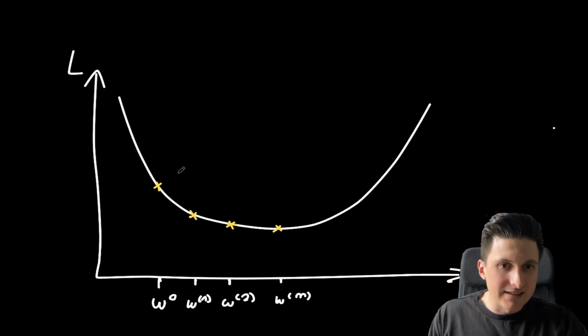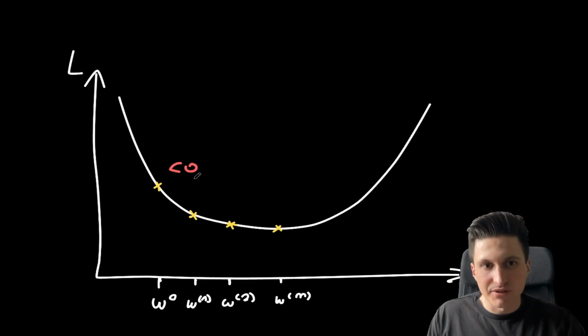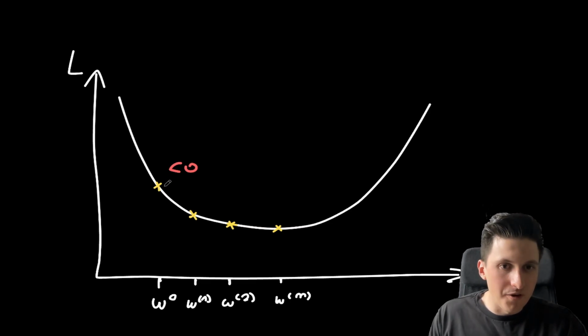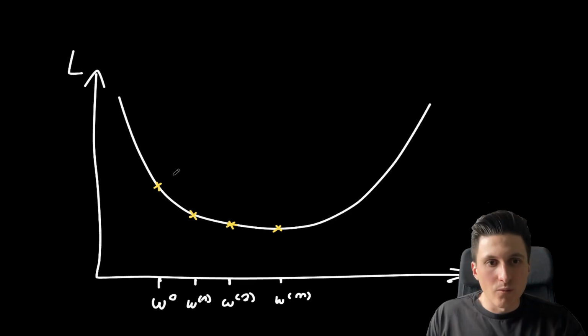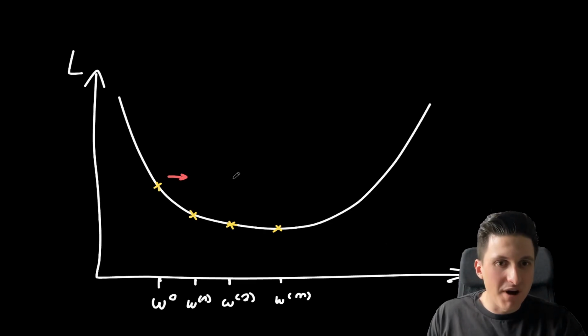And in this case, the gradient will be smaller than 0, because if we increase w0 a bit, we can see that the loss decreases, and because we actually want to decrease the loss function, we should increase w a bit. So this means that if the gradient is negative, we want to move in the positive direction.